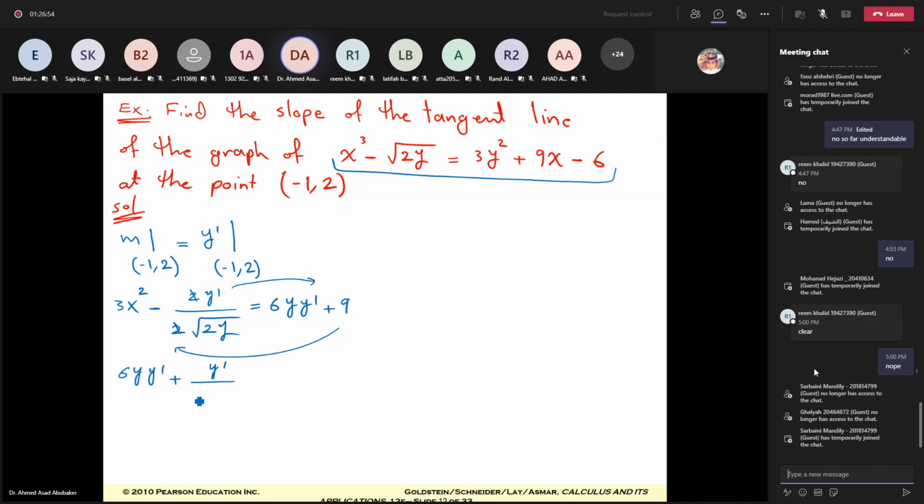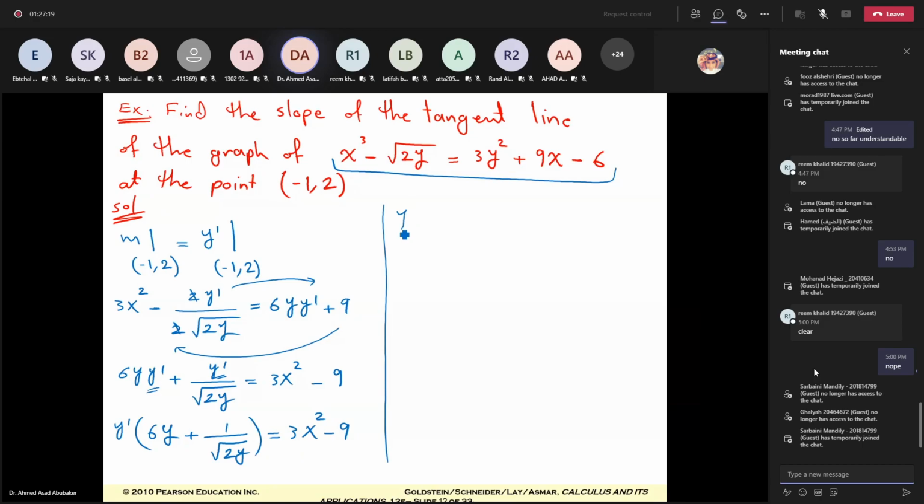So we have y′ over √(2y) equals 3x² minus 9. Take y′ as a common factor. So we have y′ times (6y plus 1 over √(2y)) equals 3x² minus 9. So we have y′ equals (3x² minus 9) over (6y plus 1 over √(2y)).